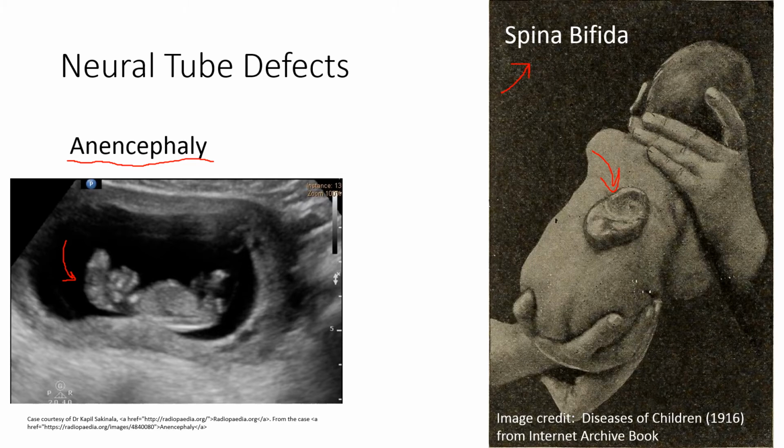This may be corrected surgically, but infants with spina bifida may experience paralysis of the legs, loss of bowel and bladder control, or hydrocephalus, that is, water in the brain. Learning disabilities are also associated with spina bifida patients.